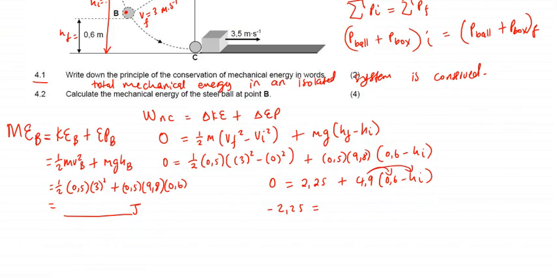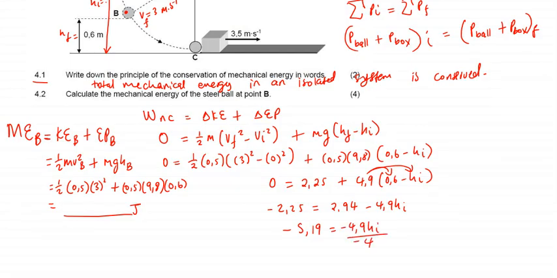4.9 multiplied by the 0.6, you get 2.94, and then 4.9 times that will be minus 4.9 h initial. Then you take this to the left, then you're going to have minus 2.25 minus 2.94. What is the answer that you get? Minus 5.19 is equal to negative 4.9 h initial.